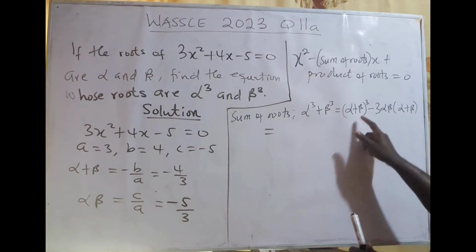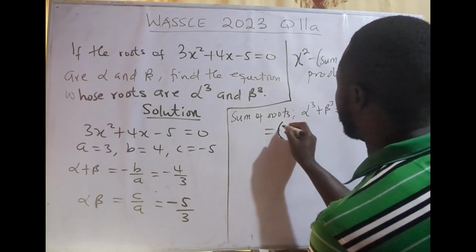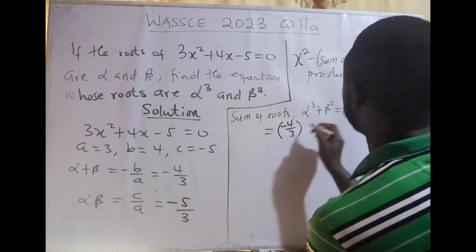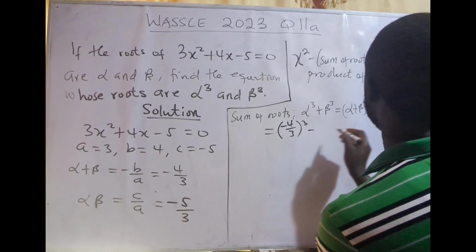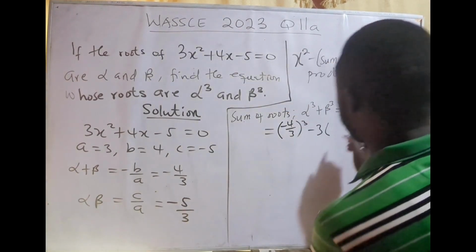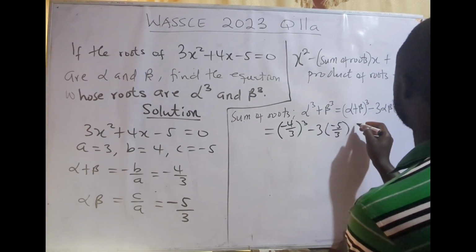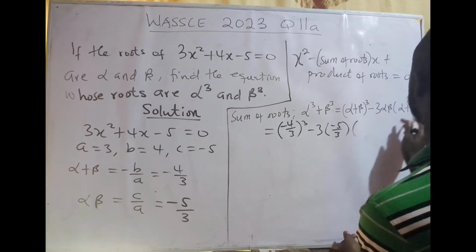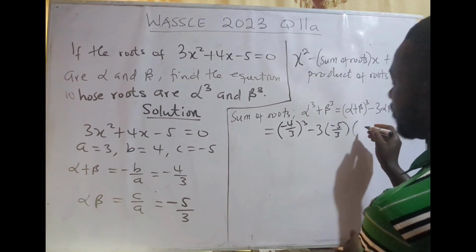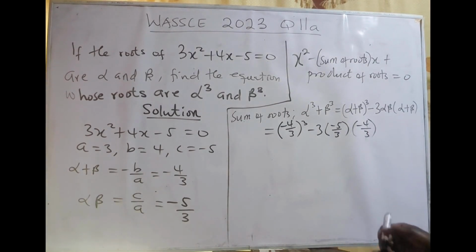So what is alpha plus beta? Alpha plus beta is here as minus 4 on 3 cubed minus 3. What is alpha beta? Minus 5 on 3. Then multiplying alpha plus beta, which is minus 4 on 3. So this is what we have.